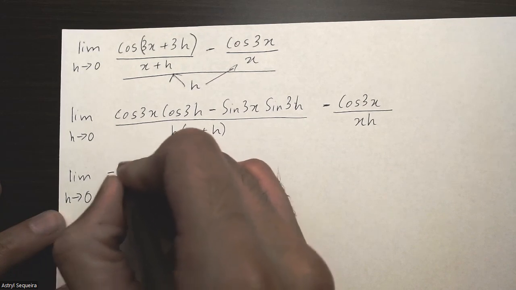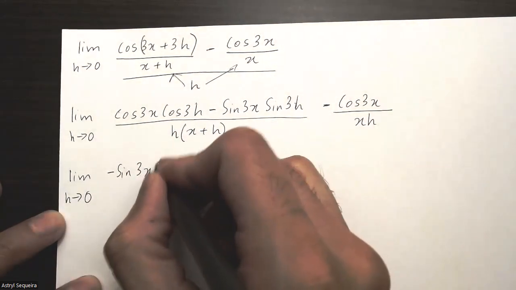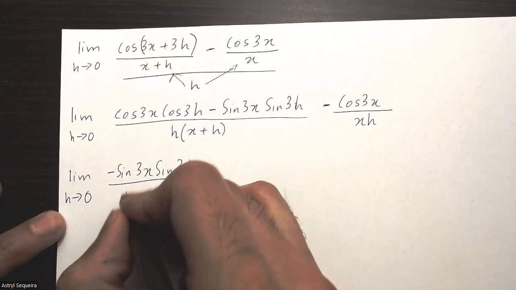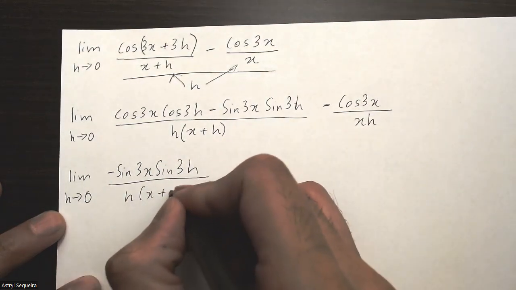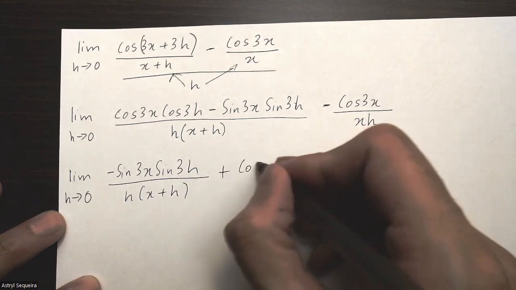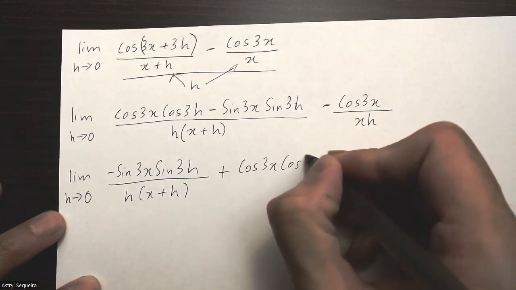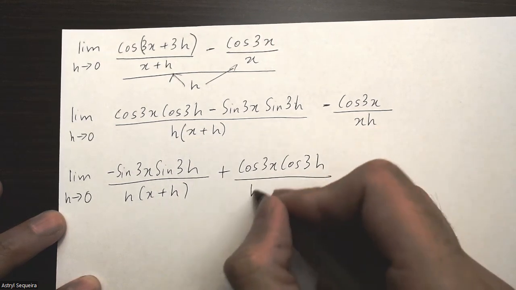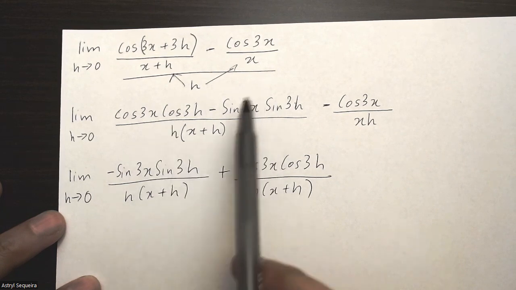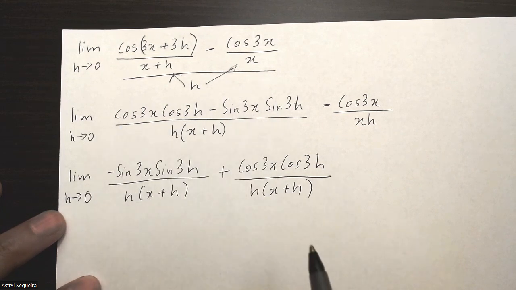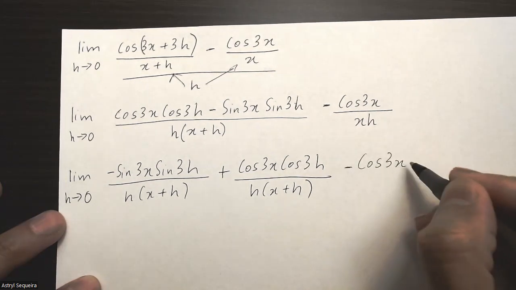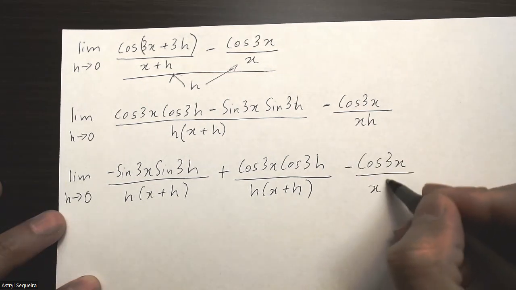I'm going to write this as negative sine 3x sine 3h divided by h times x plus h. Over here, I'm going to write it as cos 3x cos 3h divided by h times x plus h. So as you see, I've just split these two terms up and rearranged the order as well. The final term, I'll just write exactly the same.